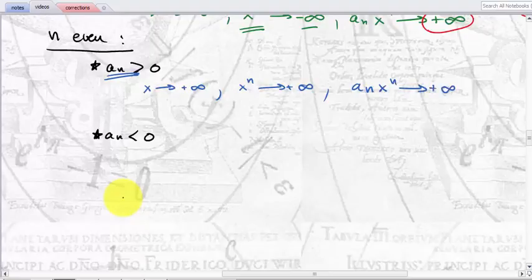Now, as x approaches negative infinity, if you raise a large negative number to an even power, it's going to be a positive number, right? And you multiply this positive number by another positive number, it's going to be a very large positive number. What does this end behavior look like? Well, in both cases, you will be at plus infinity.